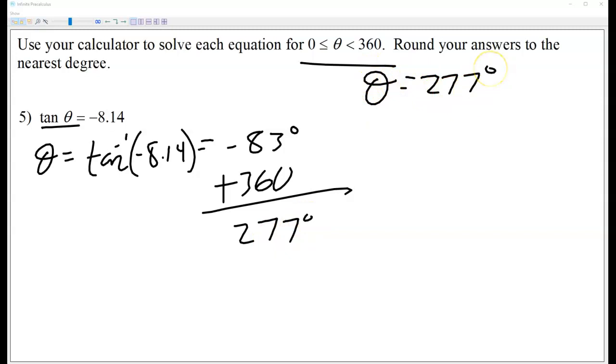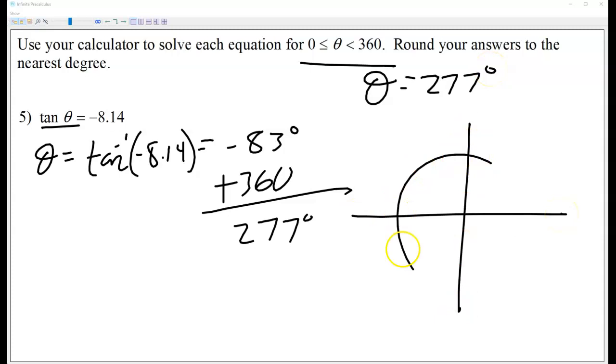277 degrees. Okay, now 277 degrees on the unit circle is down here, approximately. And so the symmetrical answer for tangent will be diagonal from that, which is somewhere up here. Now, if I'm doing this, that's 277 degrees.